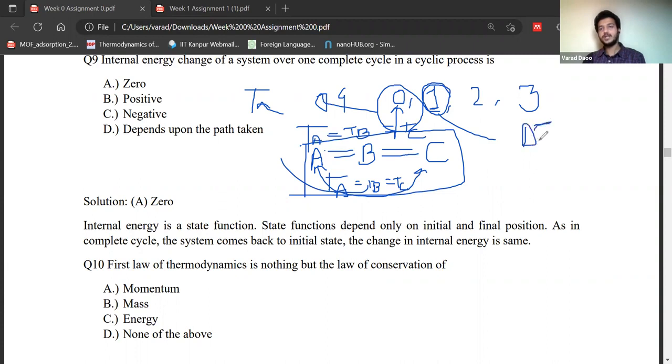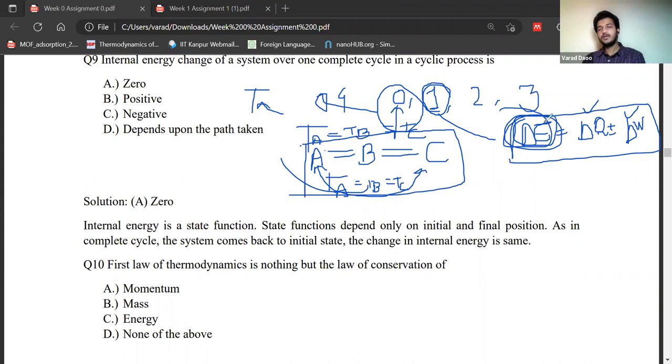The expression is delta E is equal to delta Q plus minus delta W. The first law basically tells us that heat transfer and work done are both forms of energy only. But it does not tell us how much work can be converted.